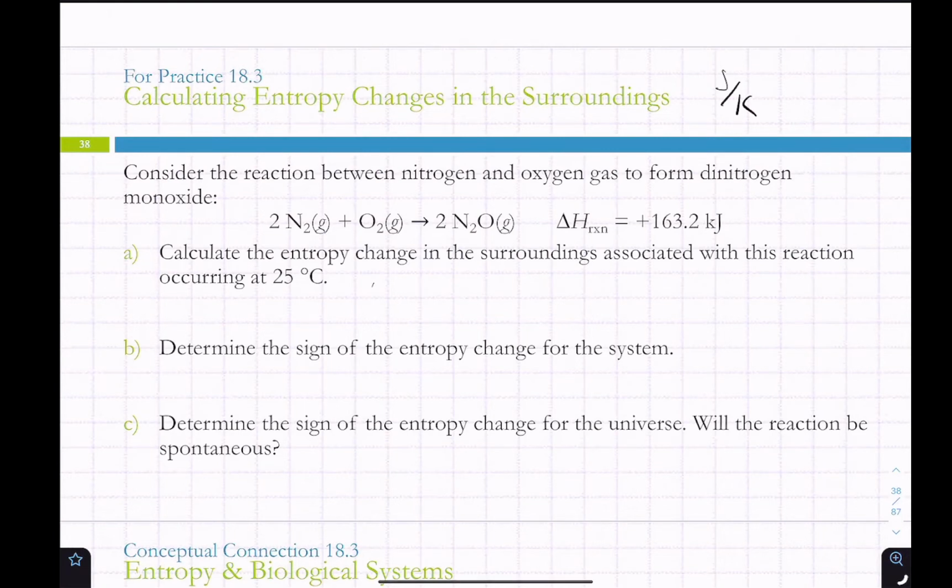So we'll have delta S of the surroundings equals the delta H of the reaction. And because we want to calculate this to get entropy, we need to convert this kilojoules into joules. So it's going to be 163,200 joules divided by, and if you've forgotten, 273.15 plus 25 degrees C will give us Kelvin.